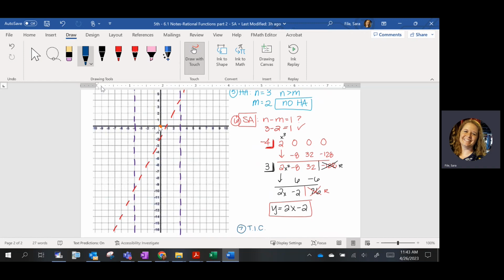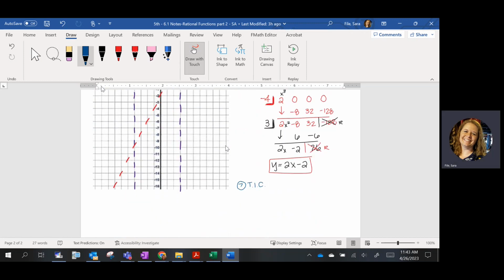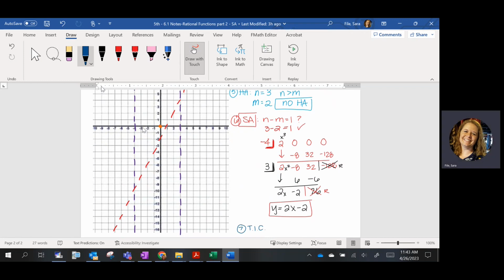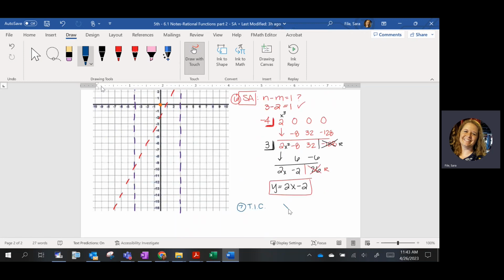I know where this one single point is, but I have no idea where the curves are supposed to be here. So I'm going to test some points. I'm going to test points left and right of my vertical asymptotes and in between the asymptotes and that 0. So I'm going to test 4 points on this one.